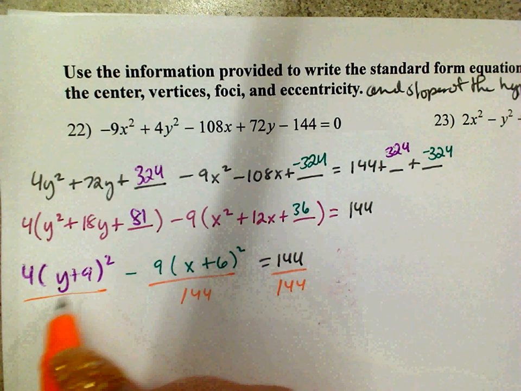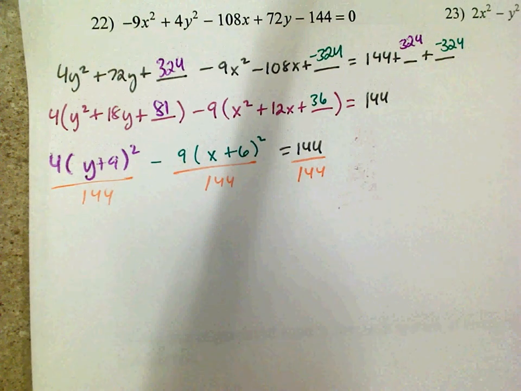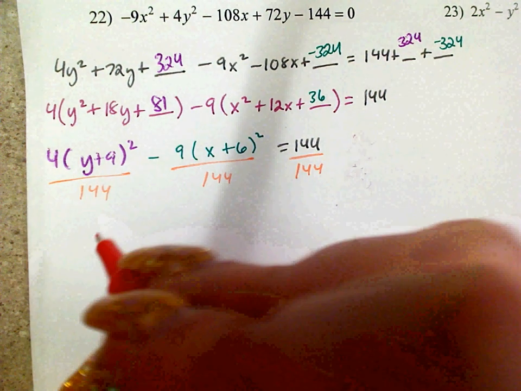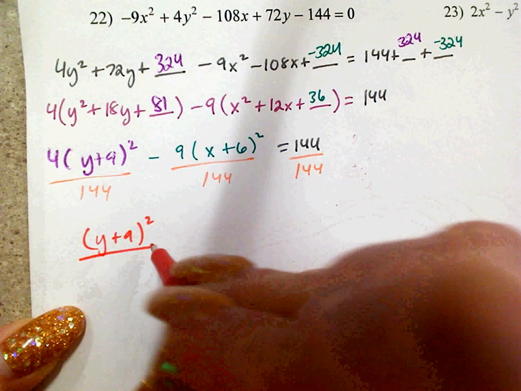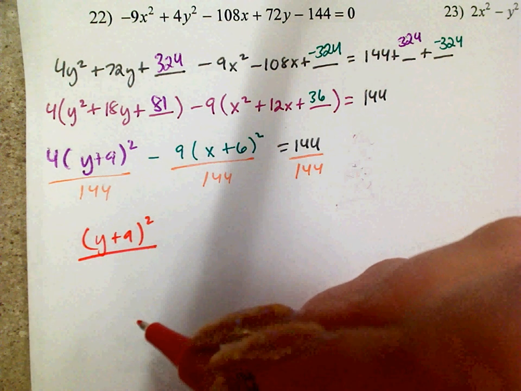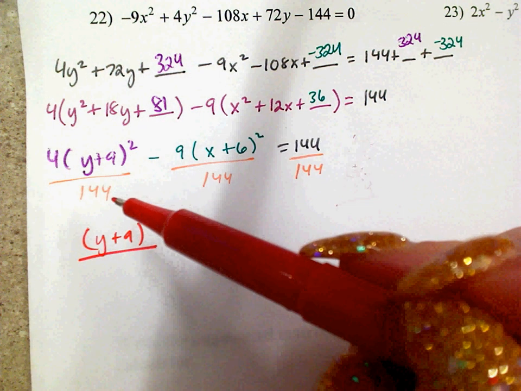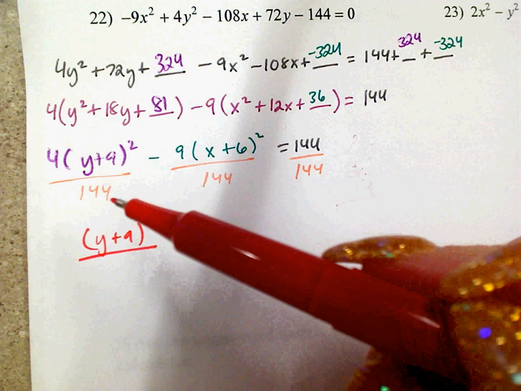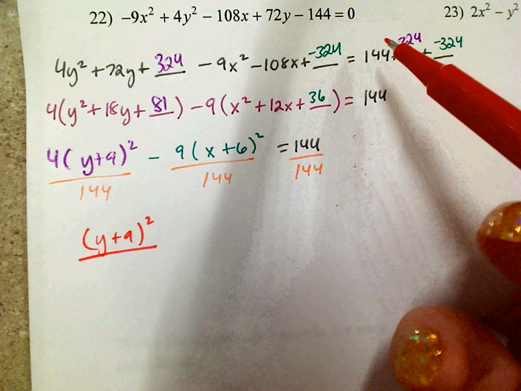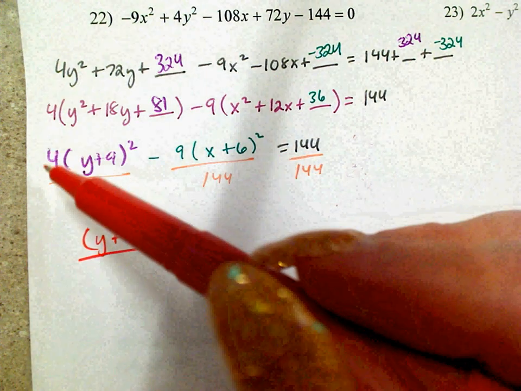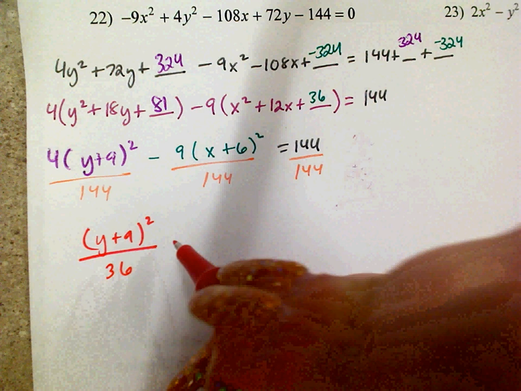Okay? And so then my final standard form equation is going to be y plus 9 quantity squared divided by, 4 goes into 144, so that's 36, minus, and that makes that 16.